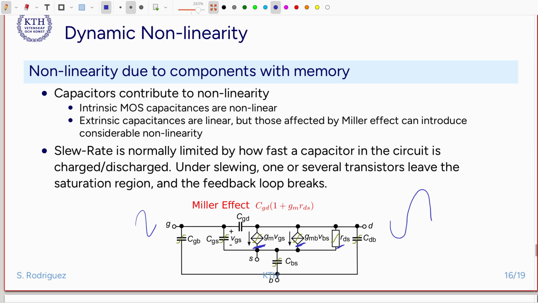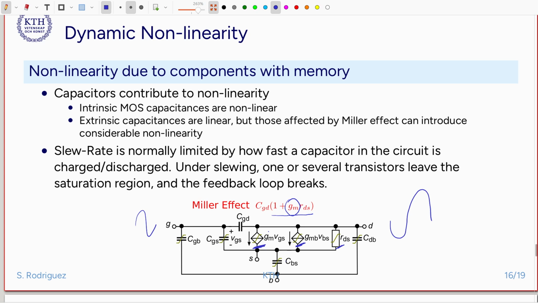Special mention: CGD is an overlap capacitor, but when we connect the common source amplifier, we have to be careful, because under some conditions this capacitor suffers Miller amplification, and then it becomes a very nonlinear parameter in the transistor.